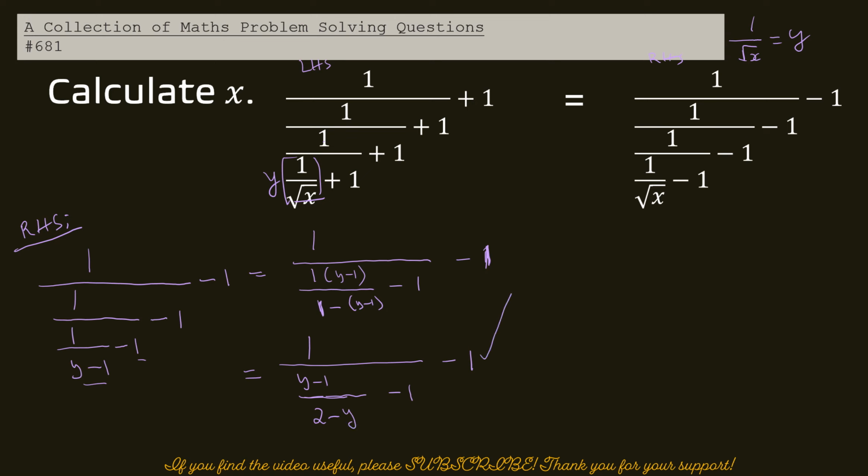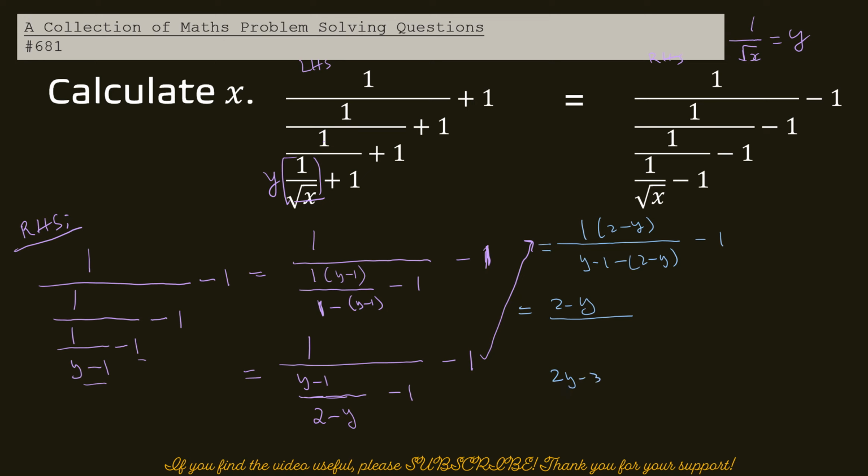So now I am going to write this up here. That is going to be 1 divided by minus 1, of course there, and then y minus 1 minus 2 minus y out of 2 minus y, and the 2 minus y comes up here. So I have got 2 minus y out of y minus 1 minus 2 plus y, and y and y is 2y minus 3.